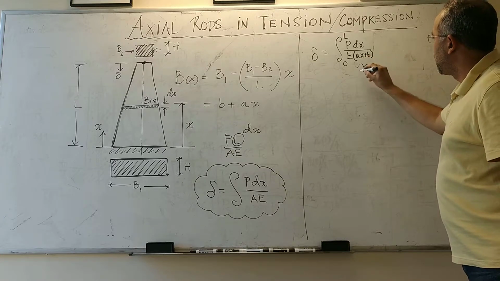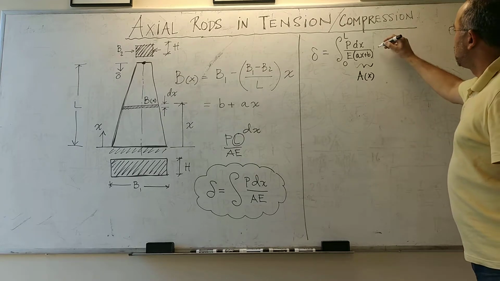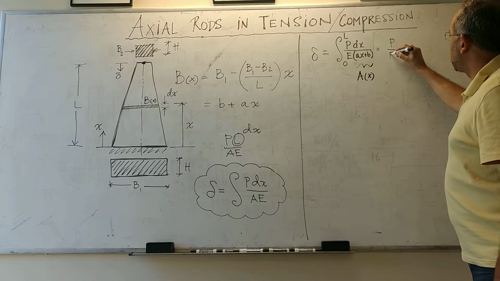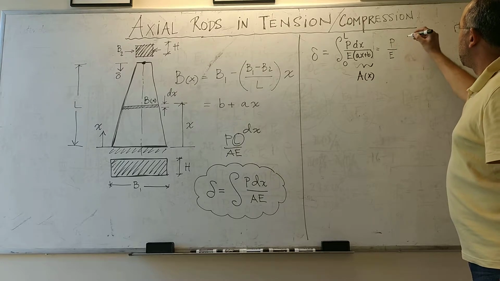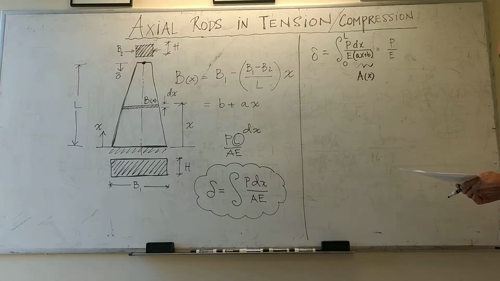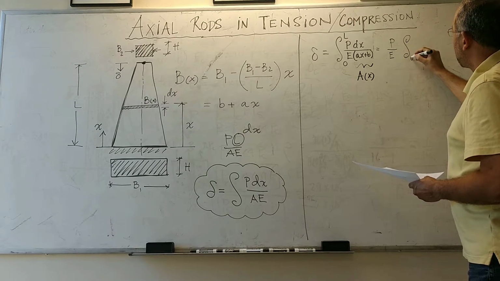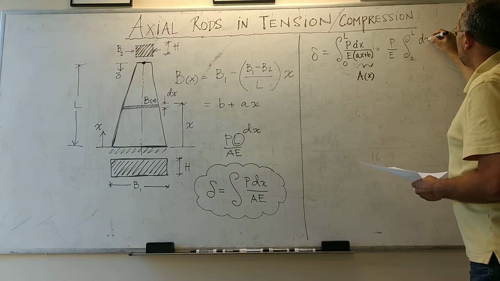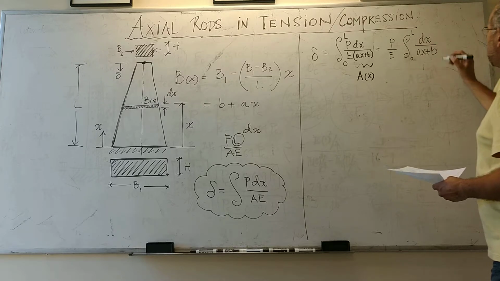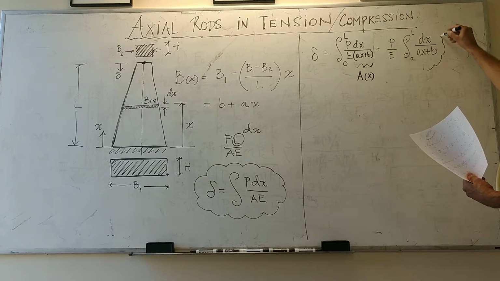This is area as a function of x. P comes out as a constant, E comes out as a constant, and then we can simply integrate this directly, dx over ax plus b.